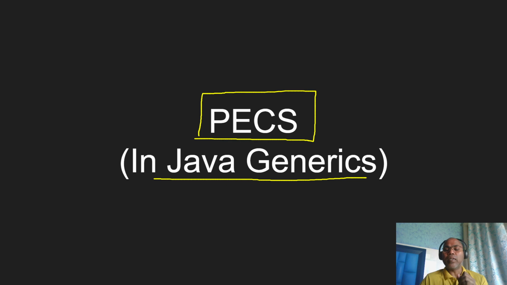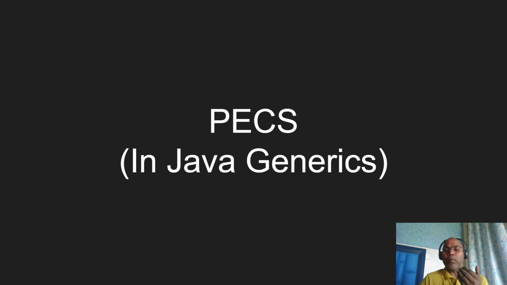Once they understand the code, after that they can easily write the code. And we also discuss some common use cases where this principle helps us developers to understand the Java generic code in a very simple way.